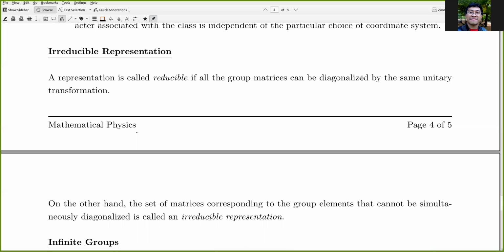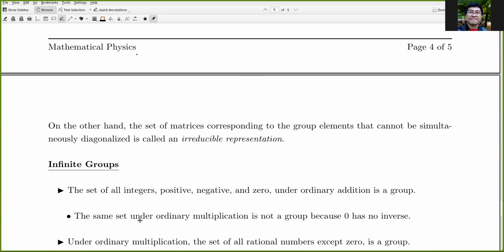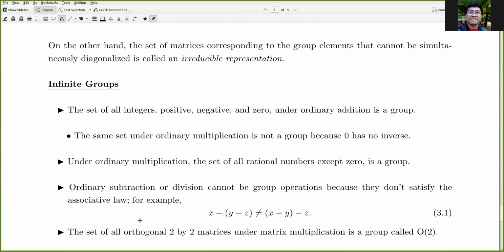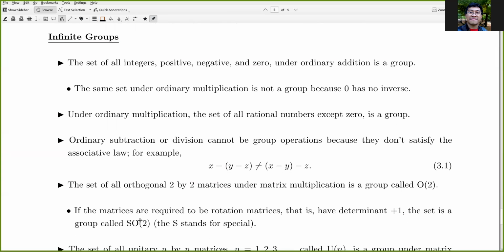If all of the group matrices, when diagonalized, use the same unitary transformation, then they are reducible. But on the other hand, if the set of matrices cannot be simultaneously diagonalized, then it's called an irreducible representation.